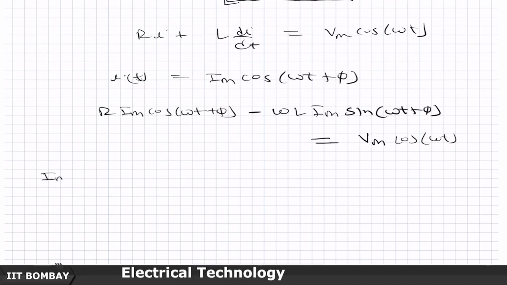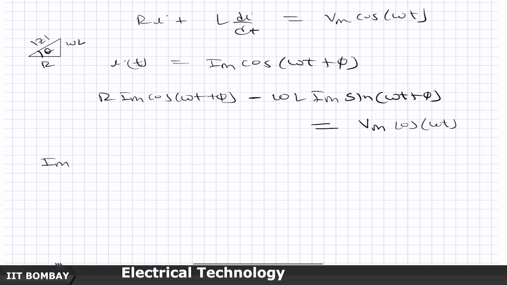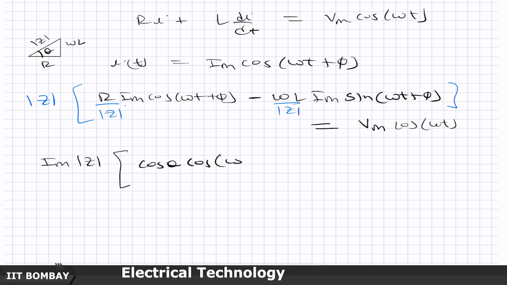So take Im common, take the impedance triangle, draw R here, draw omega L here on the y-axis, complete the Z, call this angle theta, and now divide this by Z and multiply this by modulus of Z. Take Im common out, and now write R by Z as cos of theta, cos of omega t plus phi, minus sine of theta.